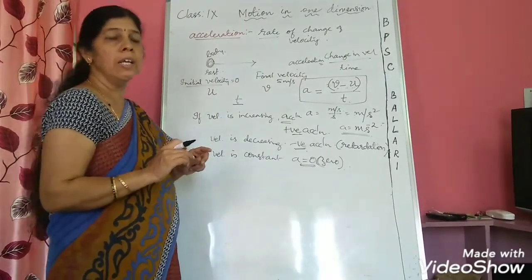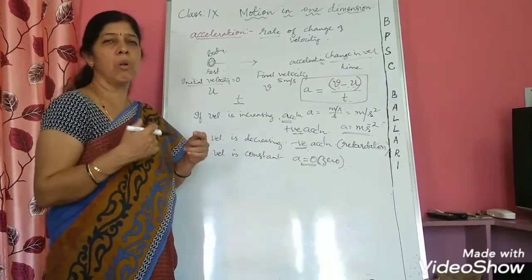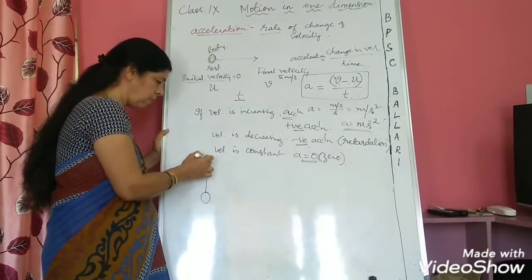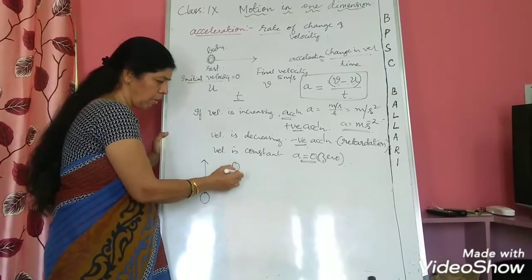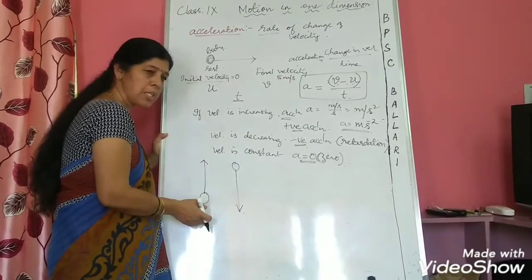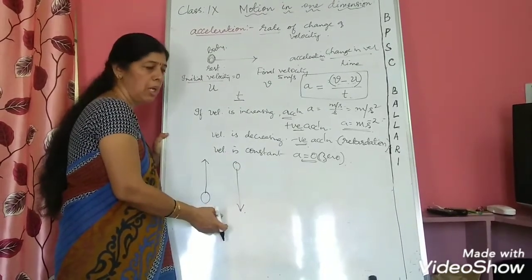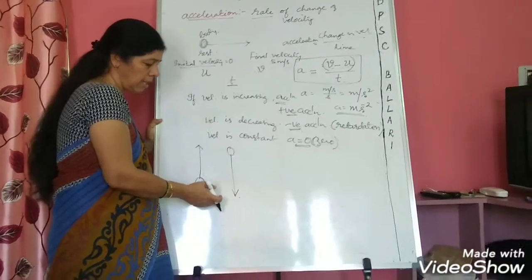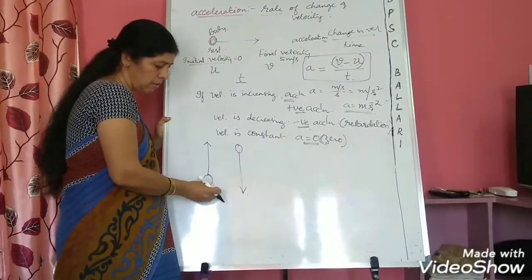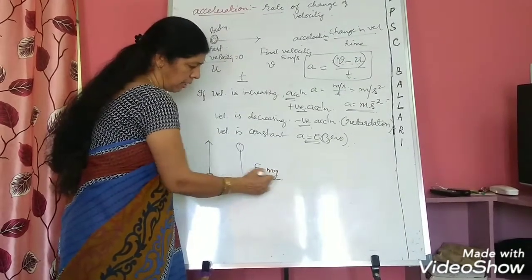We often see in our daily life that many objects will have vertical motion also. So suppose you will project a ball upwards or a body is thrown down to the earth. Then here what type of motion is taking place? Linear motion only is taking place, but it is vertical motion. And we know that the earth attracts all the bodies towards its center, and there is the force of gravity which is exerted by the earth.